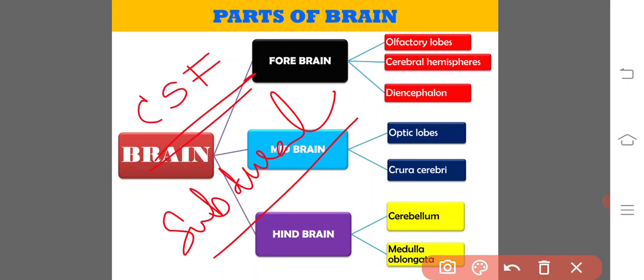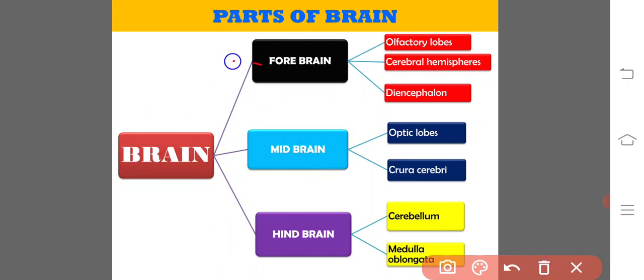Brain is differentiated into forebrain, midbrain, and the hindbrain. Forebrain consists of olfactory lobes, cerebral hemispheres, and the diencephalon, whereas the midbrain is formed by the optic lobes and the crura cerebri, and the hindbrain is made up of cerebellum and the medulla oblongata.